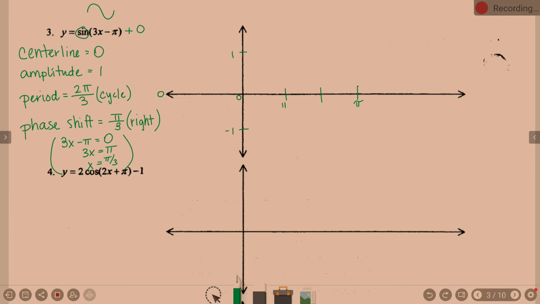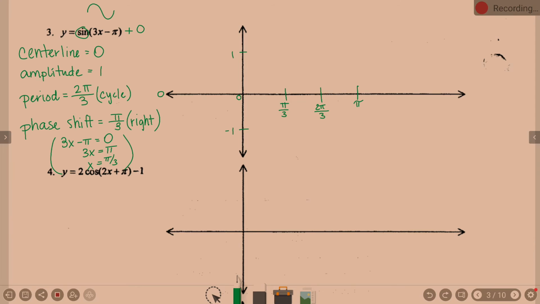We have 1/3, 2/3, and 3/3. Or in other words, 1/3 is 1 pi over 3, so pi over 3. 2/3 is 2 pi over 3. And 3/3 is just the pi. Okay?